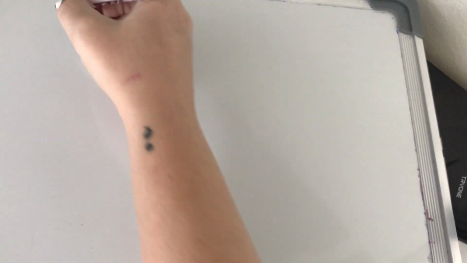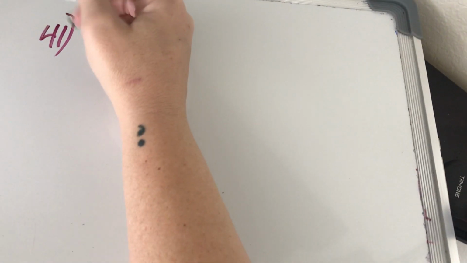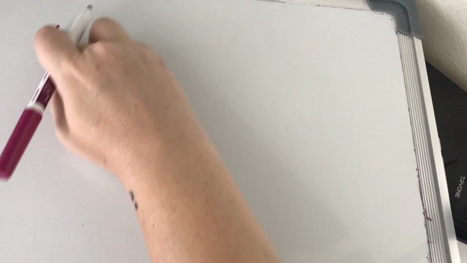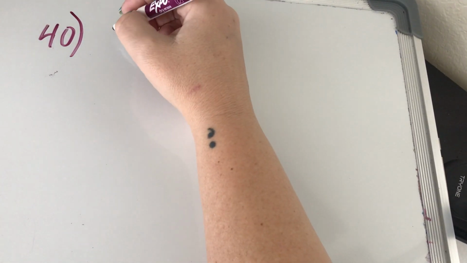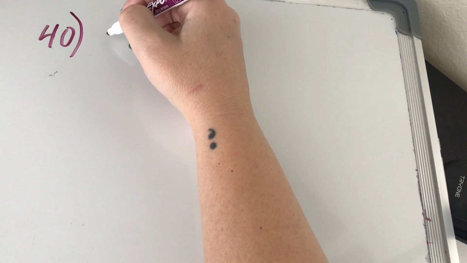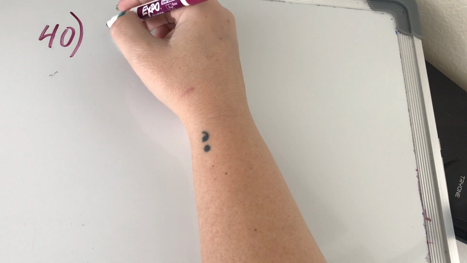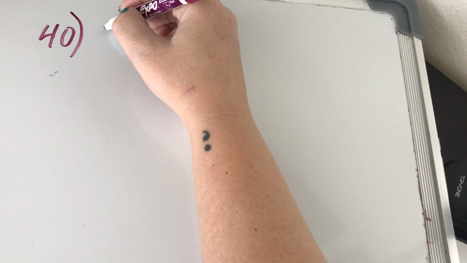Let's do a couple examples from number 40, not 41. This is the one that I think we spent the least amount of time with. This question is asking how many of each ion would be required to make an ionic compound.